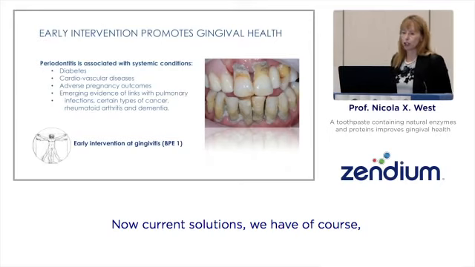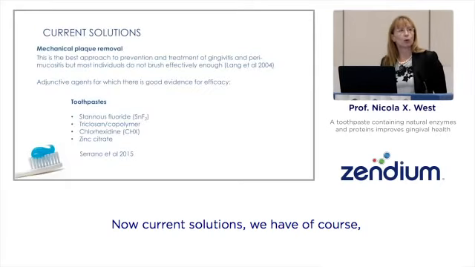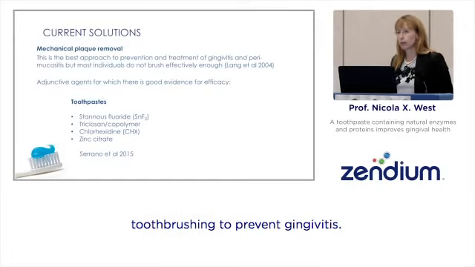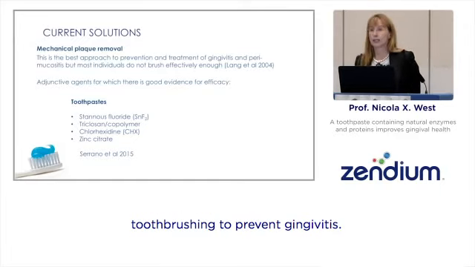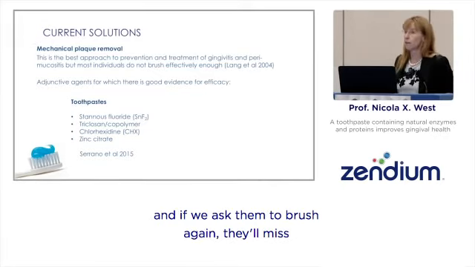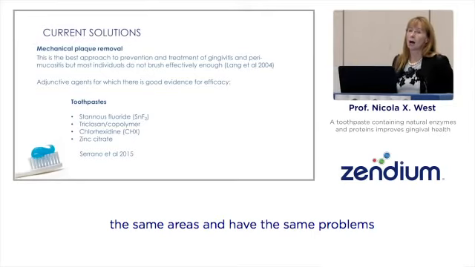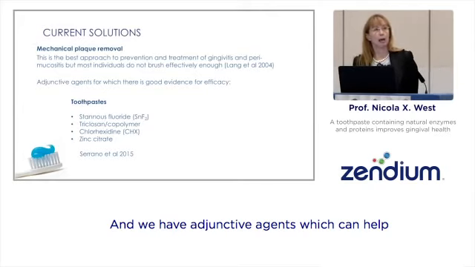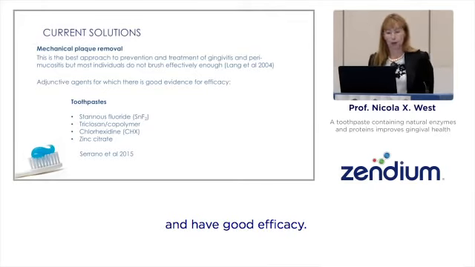Now, current solutions: we have, of course, our best form, which is mechanical toothbrushing to prevent gingivitis. However, we've seen that most people really aren't that good at it. And if we ask them to brush again, they'll miss the same areas and have the same problems because they're creatures of habit. And we have adjunctive agents which can help and have good efficacy.